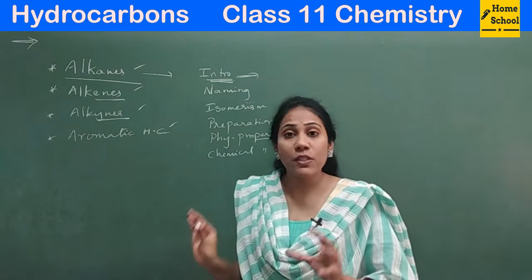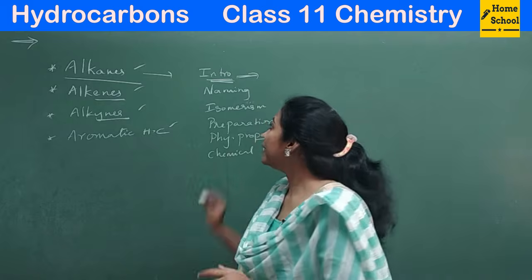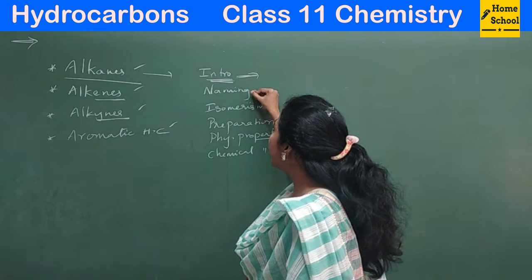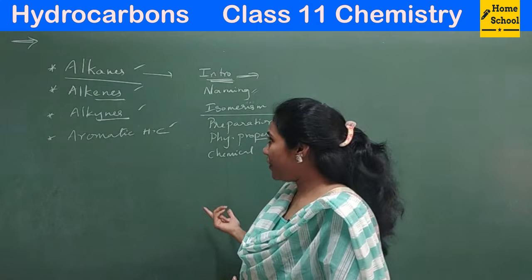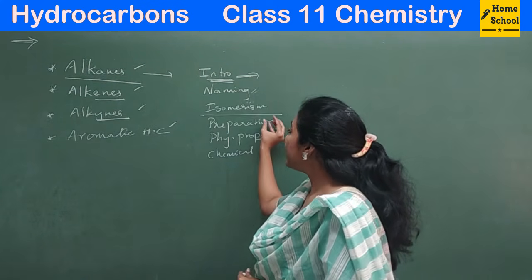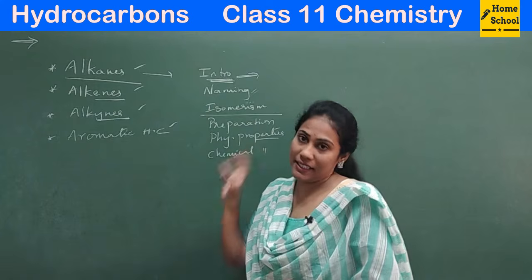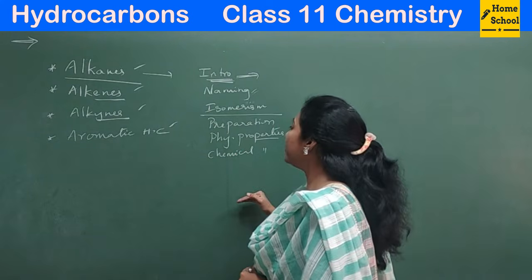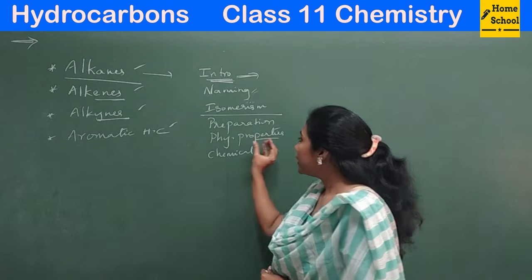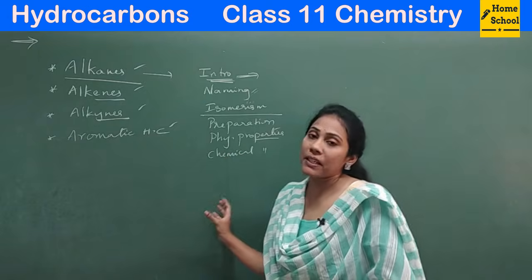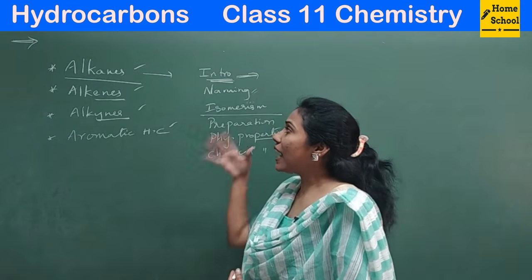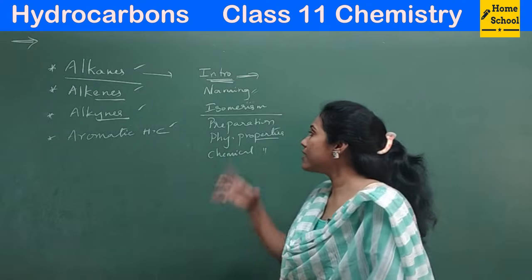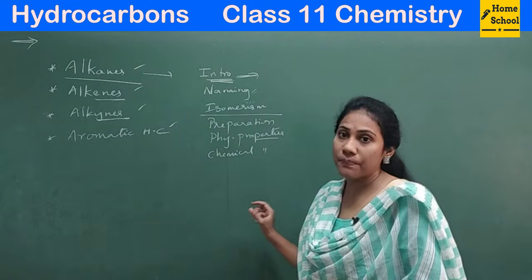Today in this video, I am going to complete the introduction part, naming part and isomerism. And in my next video, I am going to complete the preparations of alkanes. Then in the third video, I am going to complete the physical properties as well as chemical properties of alkanes. So this is how I will complete the concept of alkanes in 3 different videos. Fine.